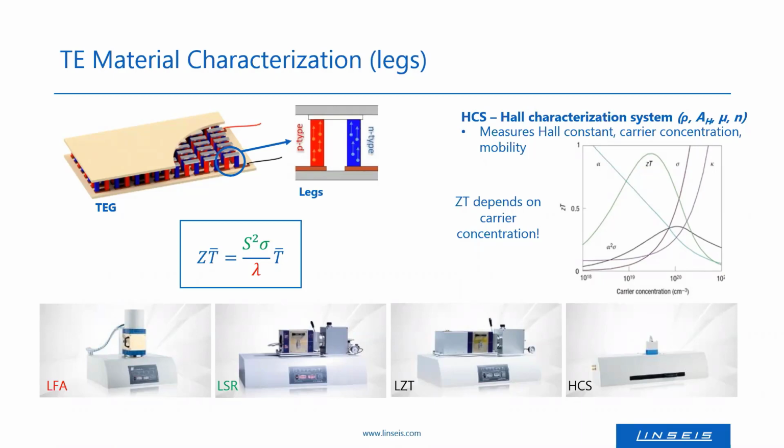So the knowledge of the charge carrier concentration is very important for research on thermoelectric materials, as the ZT value strongly depends on it. This can be seen here in this image. So the ZT value, shown with the green line, depends strongly on the carrier concentration of the material.